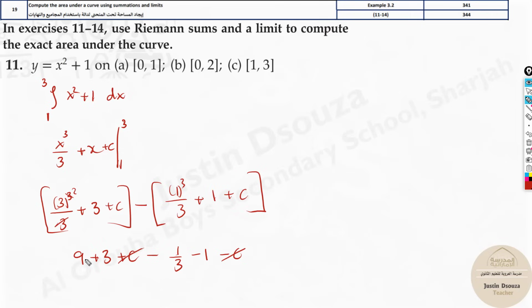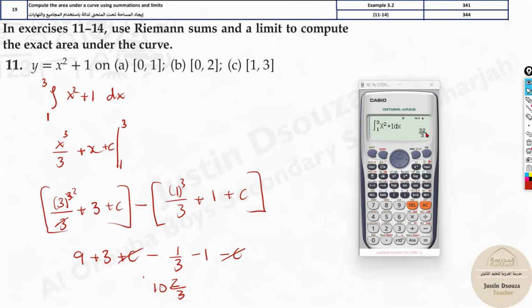I'll just write it over here. It'll be 9 plus 3 is 12, minus 1 is 11, minus a third, it'll be 10 2/3. So 10 2/3 means 10.667, that is basically 32 by 3 itself.